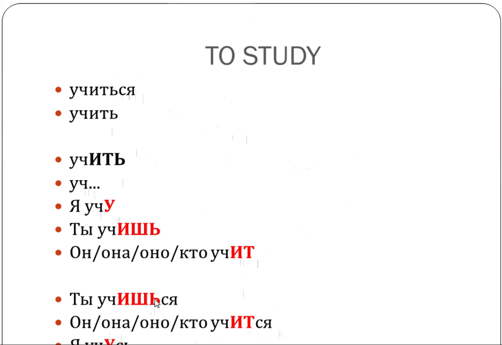Я учусь. So я учусь, ты учишься, он, она, оно, кто учится. This little particle here is pronounced as ца. So ты учишься, учится, учусь.